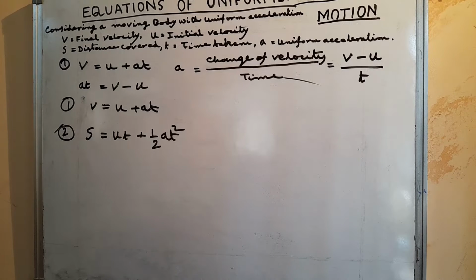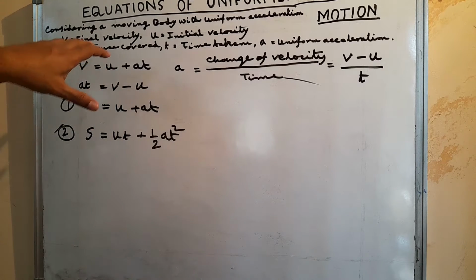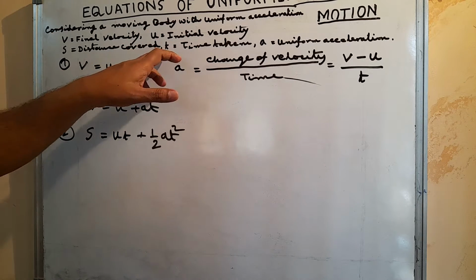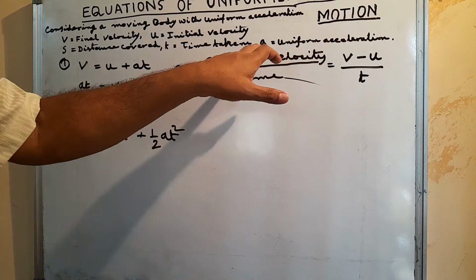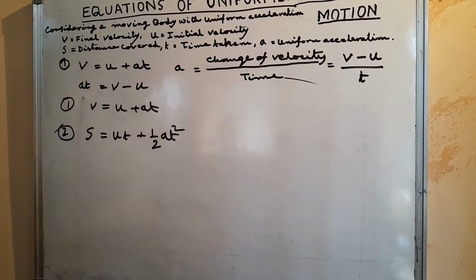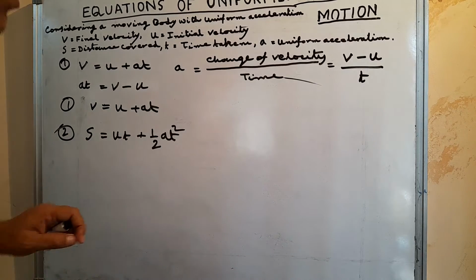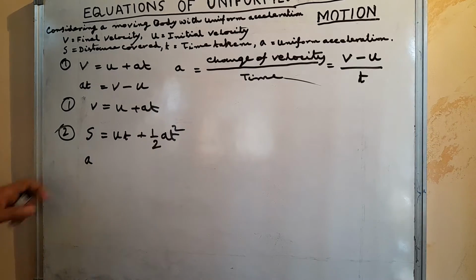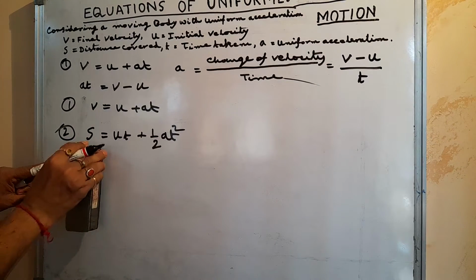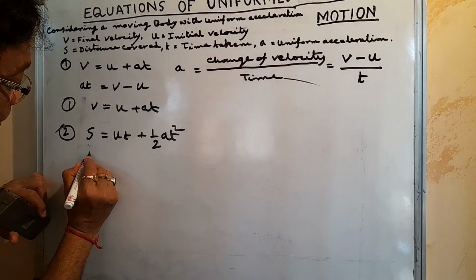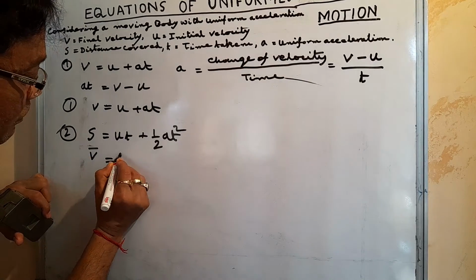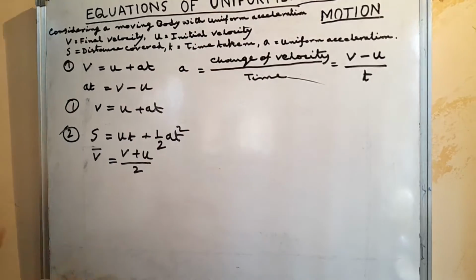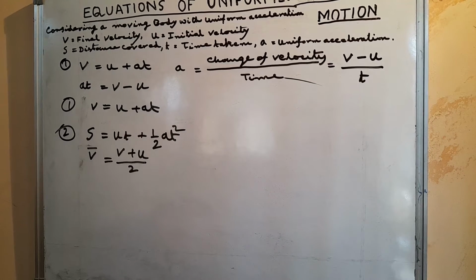Now we know that when a body is moving from initial velocity u to final velocity v in time t, with uniform acceleration a and distance covered s, the average velocity of the body, v bar, is equal to v plus u by 2. This is the average velocity of the body at time t.